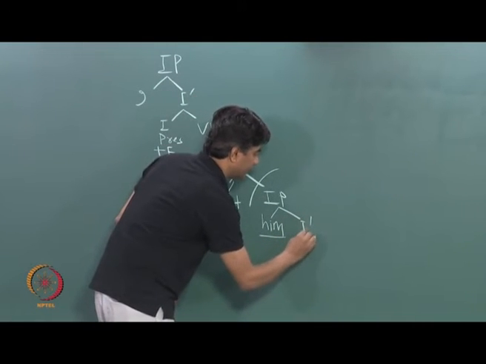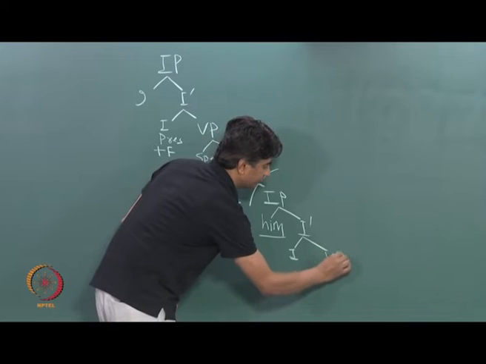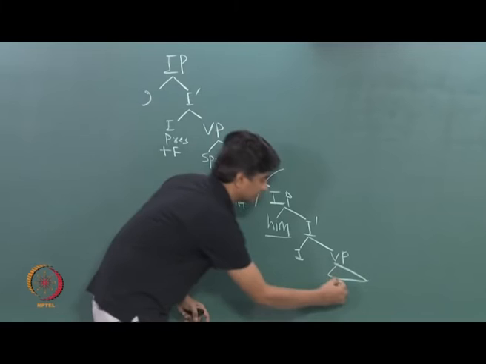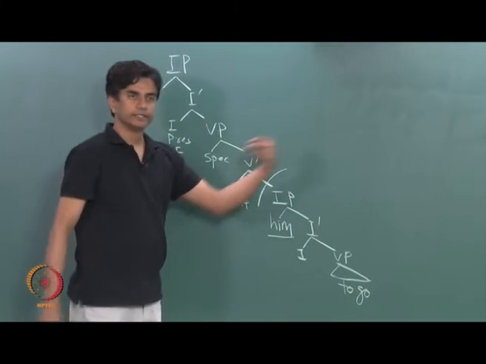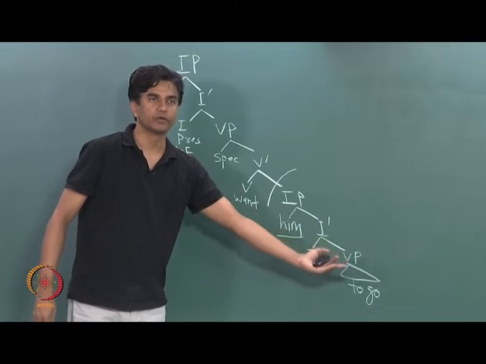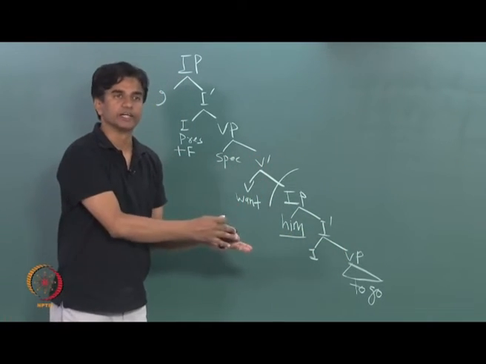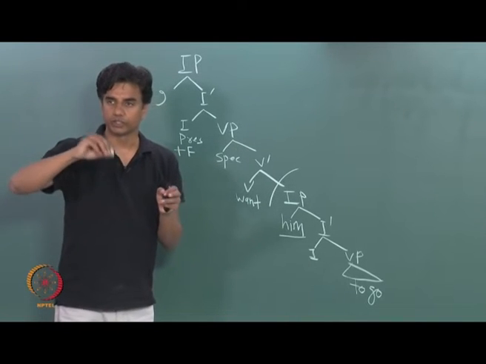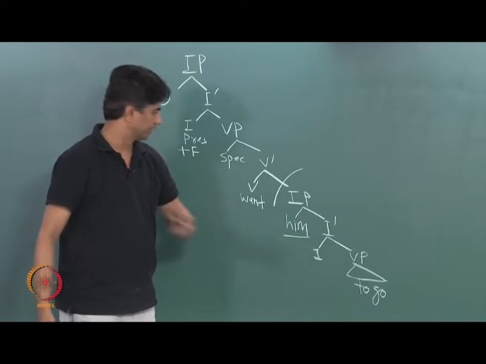Now we have I, and here is our VP, and for simplicity, I am going to put it as to go, where there is no complement of this verb to go, it's an intransitive verb. Actually, it's in the V head position, go or to go, but since there is no complement, we are just putting them together.